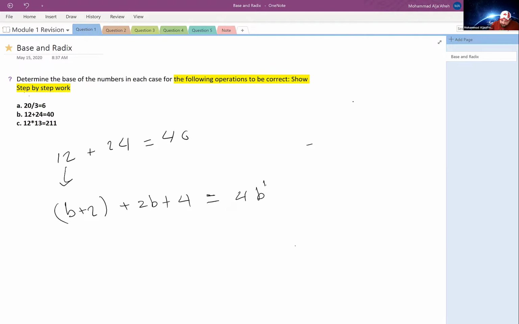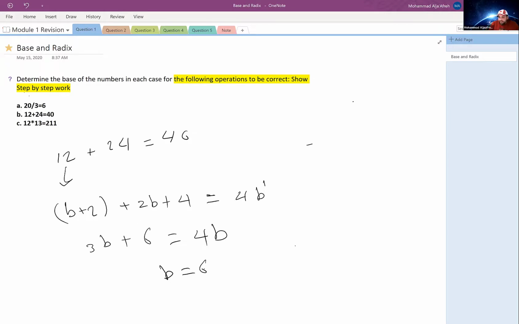So what should I do? I will have 3b plus 6 equal to 4b. So b will be equal to 6. So for that equation to make sense, those numbers have to belong to base 6.